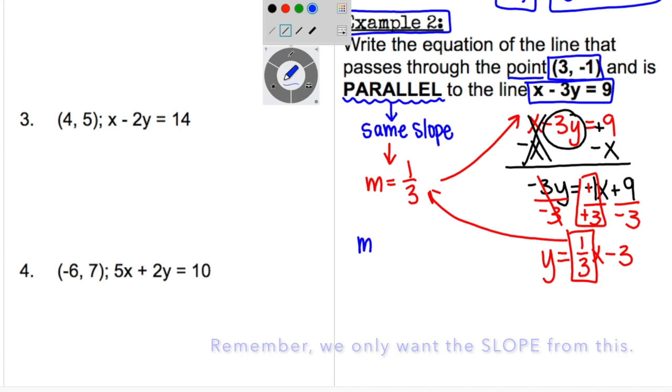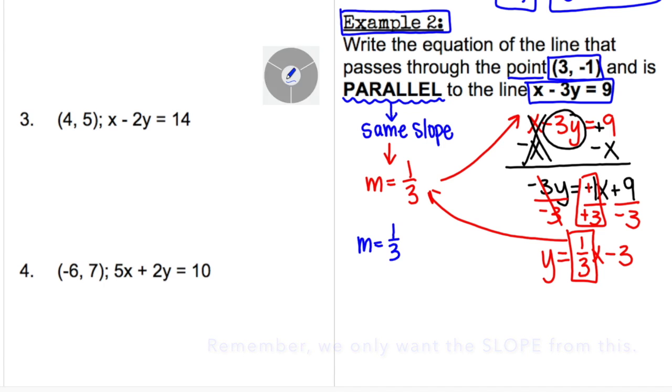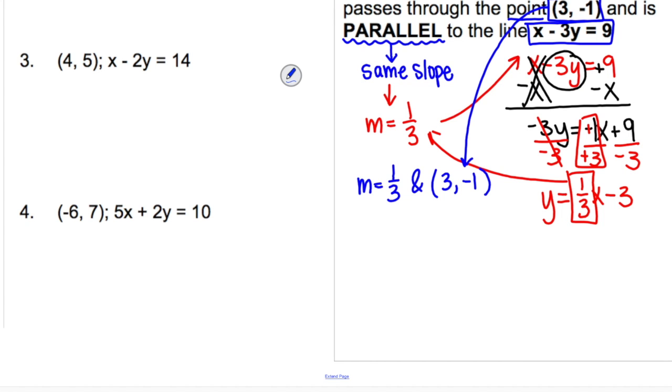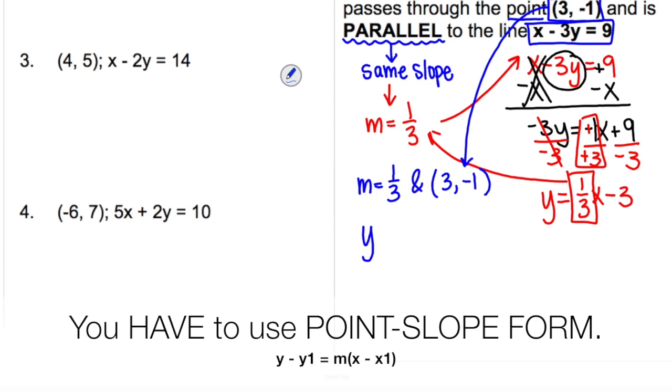Now that we have that slope, so m equals 1/3, and we have the point that was given to us, 3, -1, we're still going to use point-slope form like we used in the last example, which was y minus y1 equals m times x minus x1.